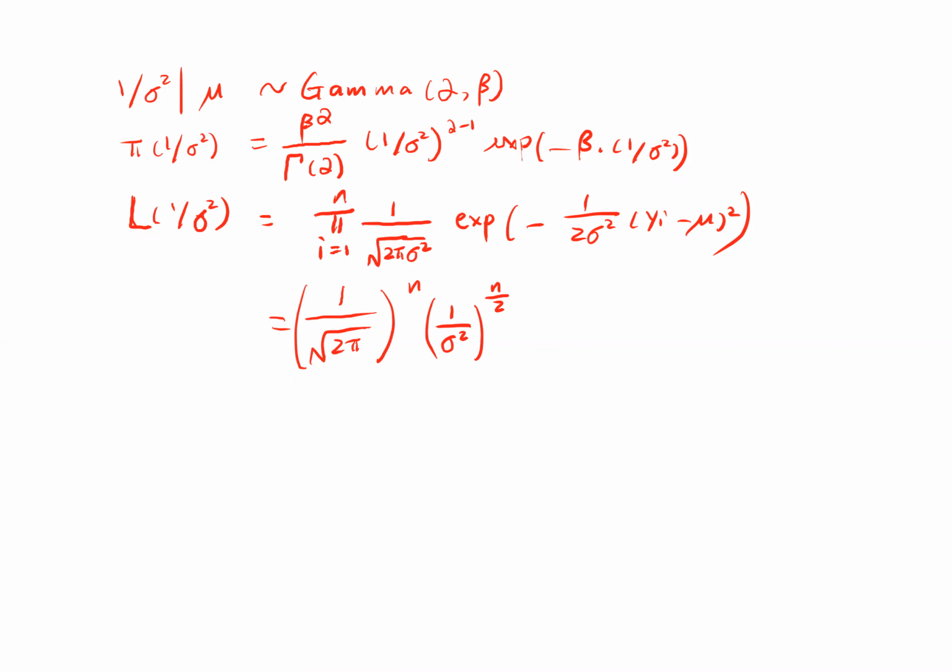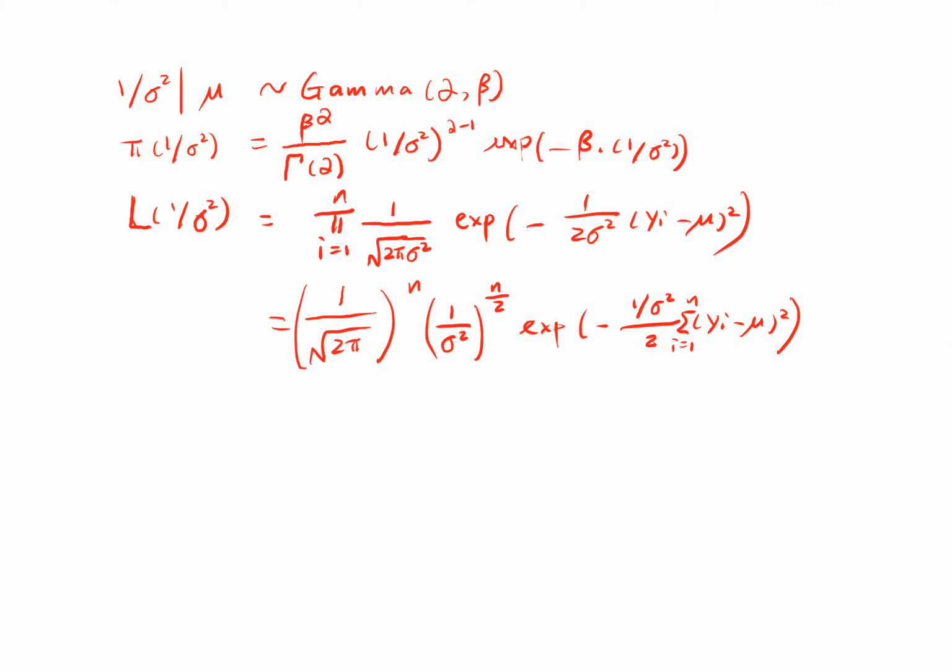It started with 1 over the square root of sigma squared, but if we keep the term 1 over sigma squared itself, it is raised to the power of n over 2. Lastly, we have the exponent of negative 1 over 2, times 1 over sigma squared, times a sum. I think that's where we left off last time.